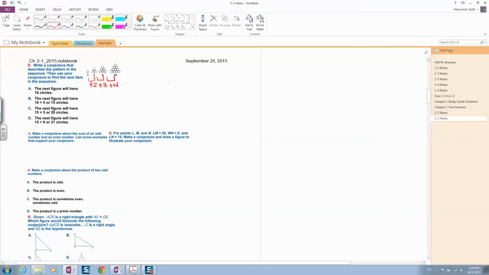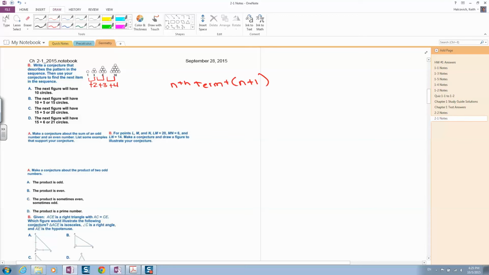So basically, when you take the nth term and add n plus 1, so like the second term is 3, you add 2 plus 1, which is 3, it gives you 6.